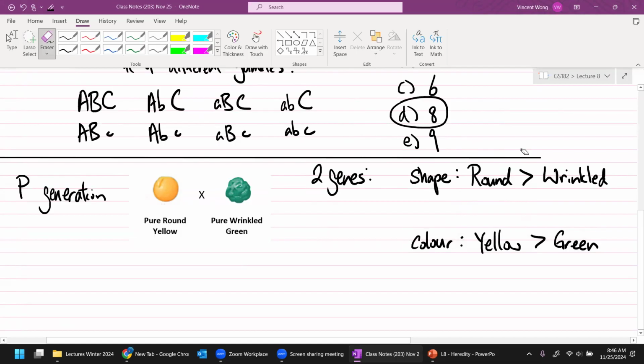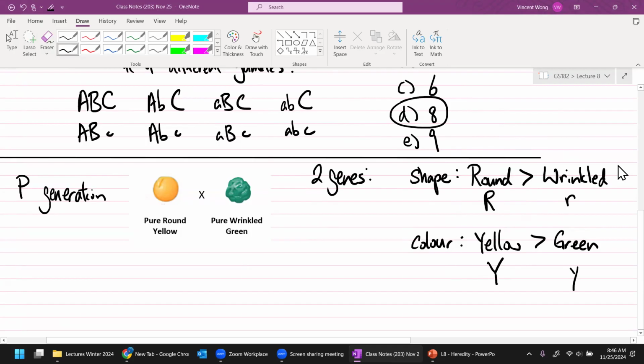What letter should we use to represent the shape? Okay, yeah. Big R for round. And then what about wrinkle? That's right. And what about color? What should I use for yellow? Big Y, yeah.